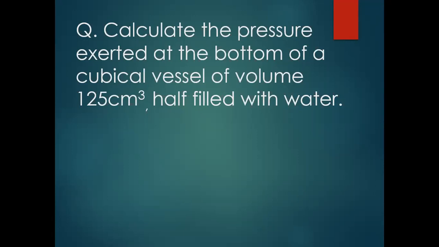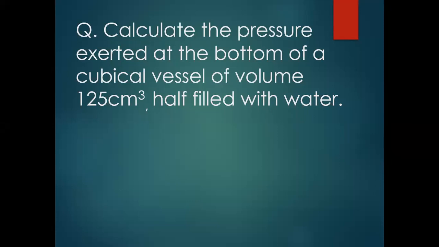L cube, B cube, or H cube. You can write any, because L, B, and H will all be the same here, it being cubical in shape. So you'll get L or B or H by applying that formula.